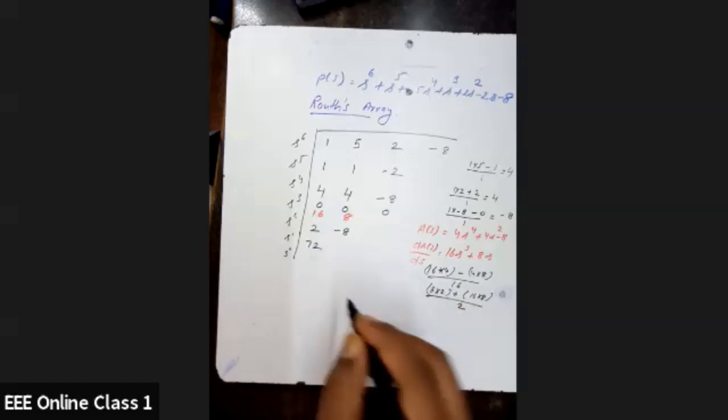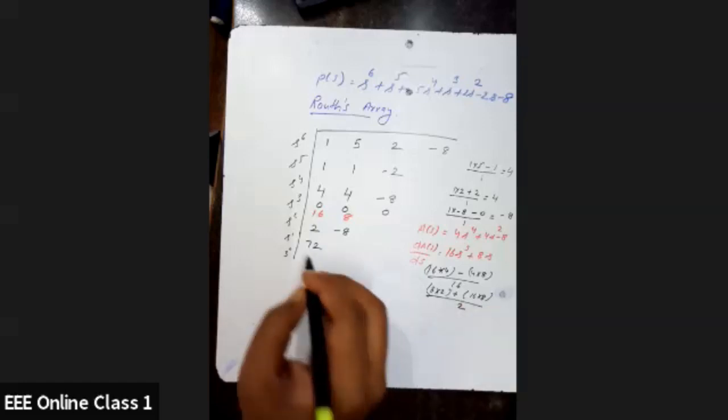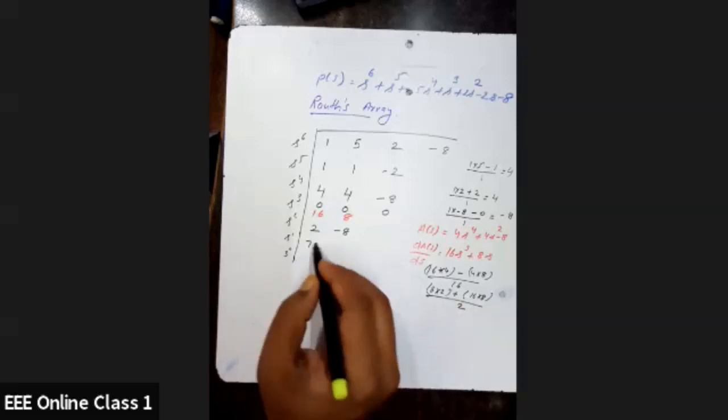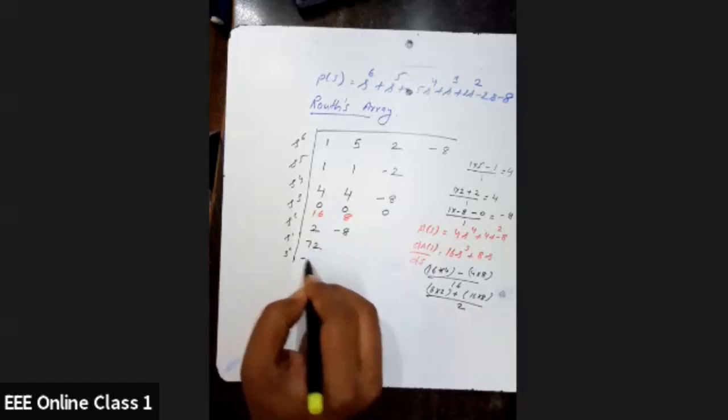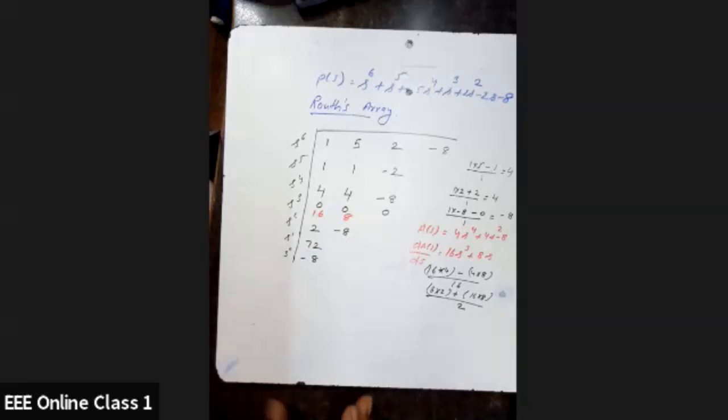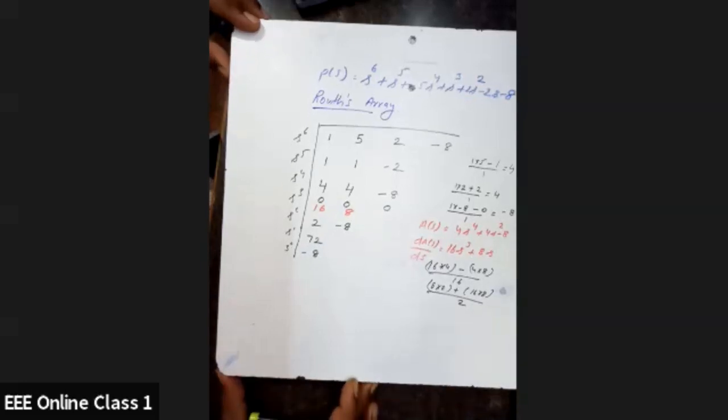So this will come 72. Last row, this into this, and this is 0 divided by 72, it will give you 8. So our Routh array is done.